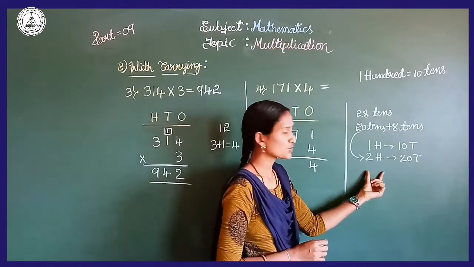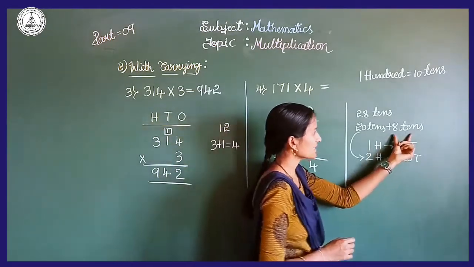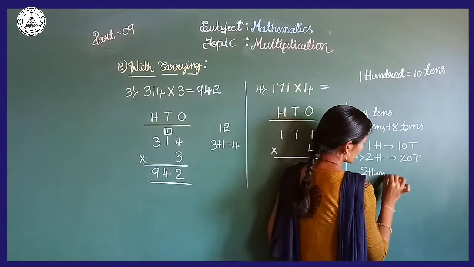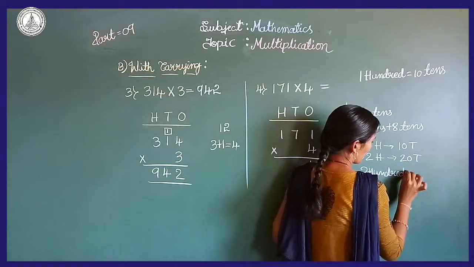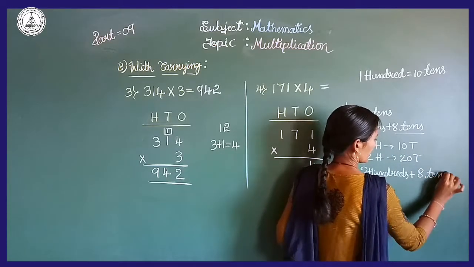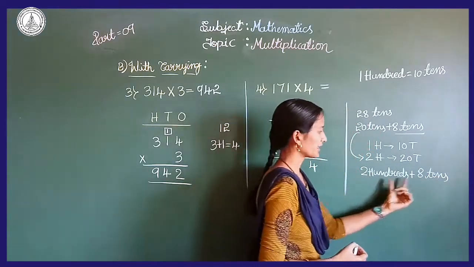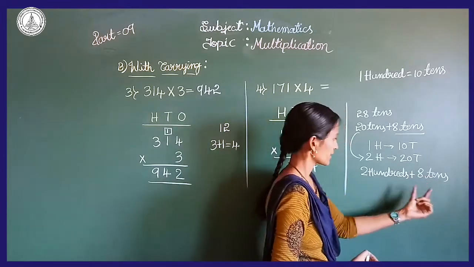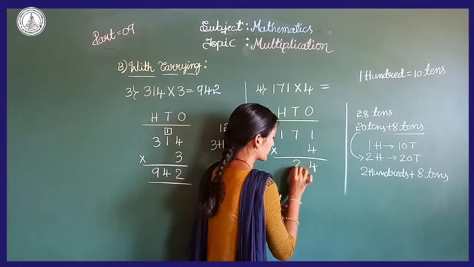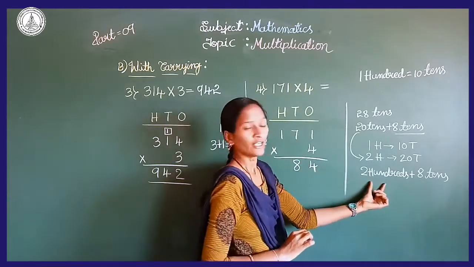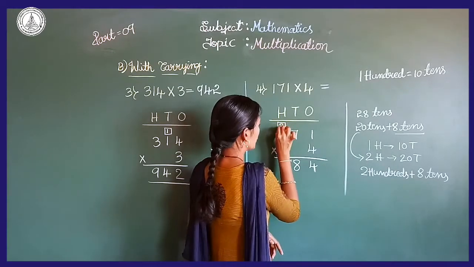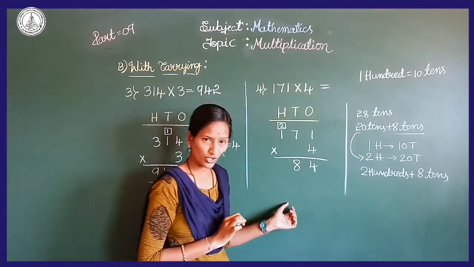So now it is 2 hundreds plus this 8 tens. Right? So this 8 tens I am writing in the tens column, and this 2 hundreds I carried over, 2 in the hundreds column.